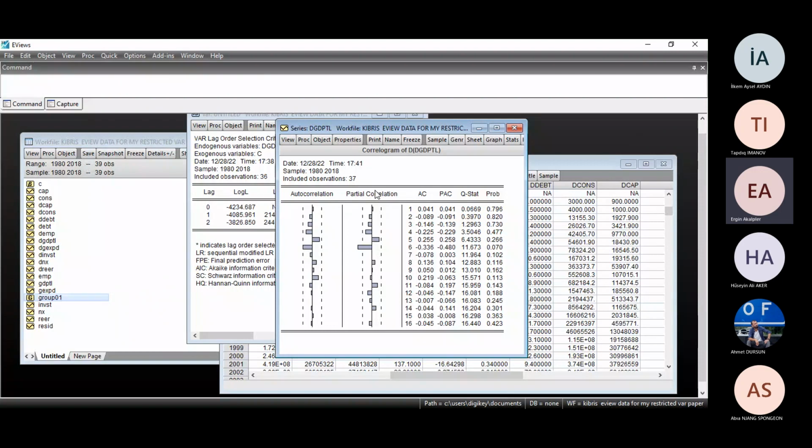Then we accept the alternative. Variables are supposed to be stationary at first difference. We will do this for all parameters. This is done for the GDP. This can be copied and put into the other file.